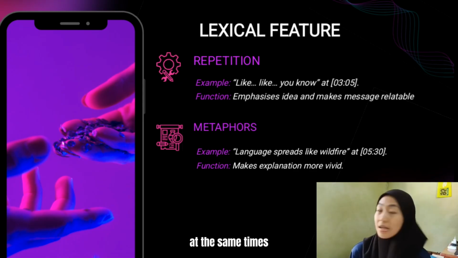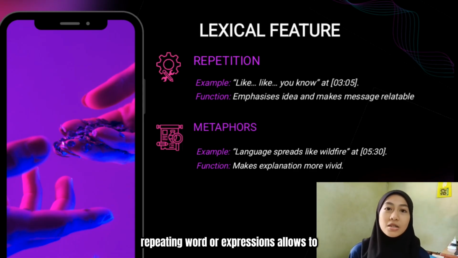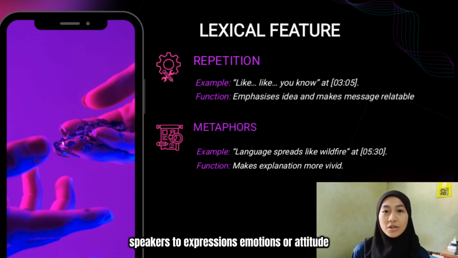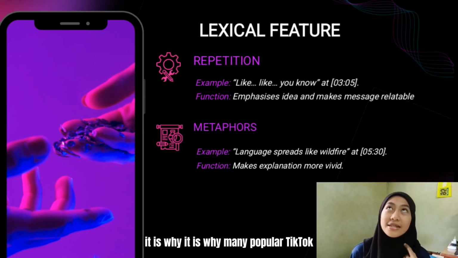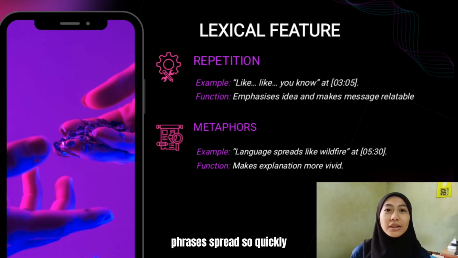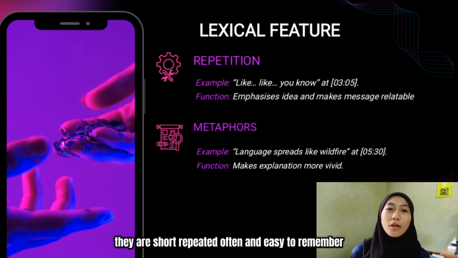At the same time, repeating words or expressions allows speakers to express emotions or attitudes such as excitement, humor, or even exaggeration. It is why many popular TikTok phrases spread so quickly. They are short, repeated often, and easy to remember.